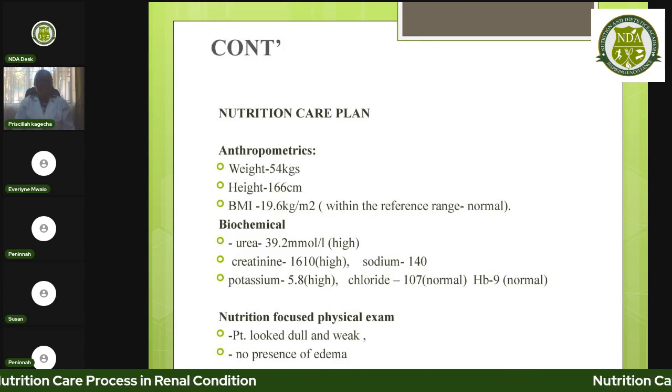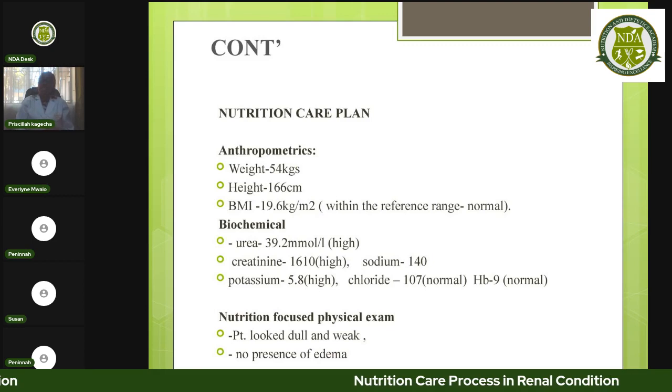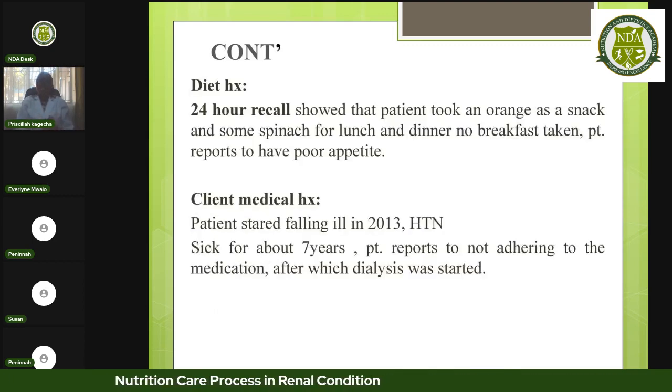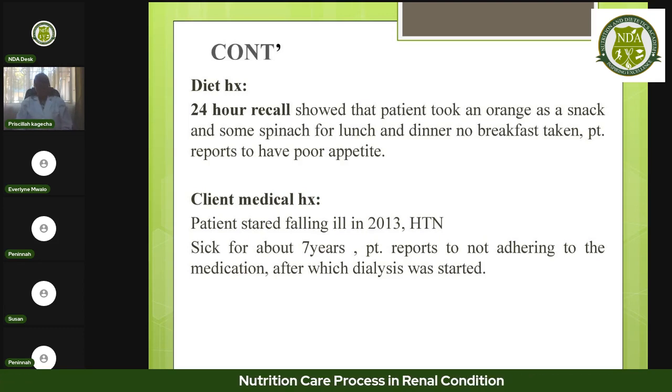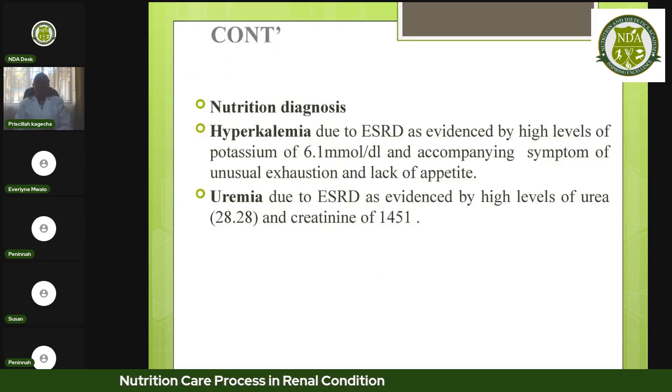Another nutrition diagnosis is uremia due to ESRD, as evidenced by high urea levels showed by the lab values of 28.28 and a creatinine of 1451. So what is our goal?